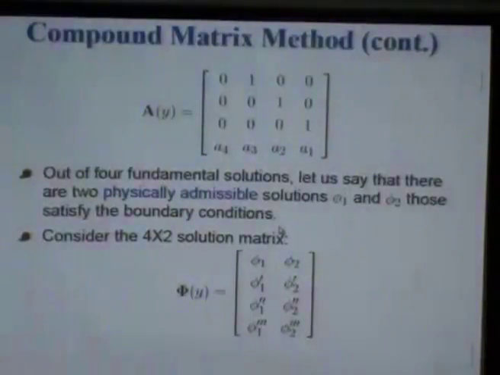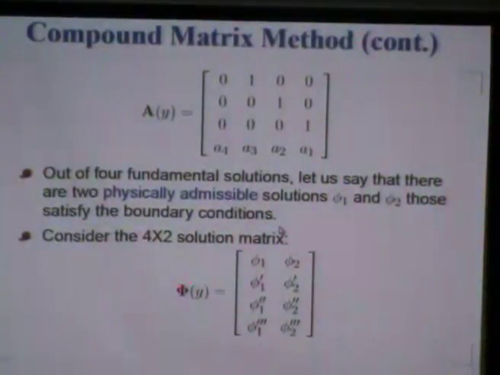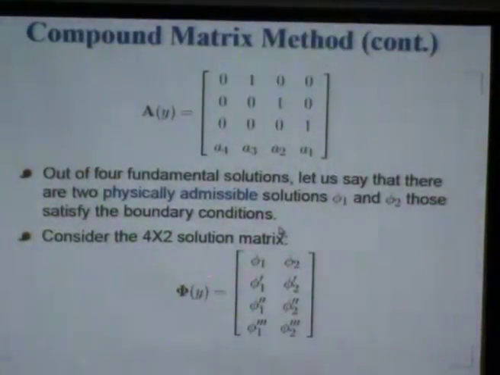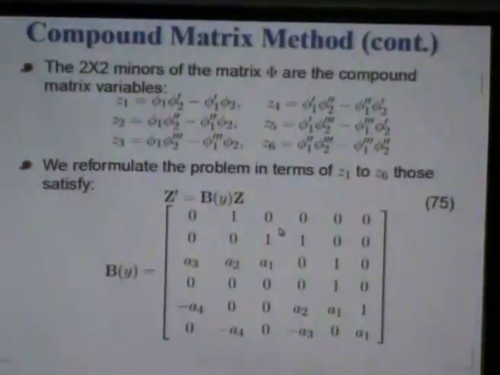So, out of the 4 fundamental solutions, for the ones which are admissible, we construct a solution matrix, which we again call phi, consisting of those 2 solutions, phi 1, phi 2, and their other derivatives. Basically we have this 4 by 2 matrix. From there, we could construct various 2 by 2 combinations.